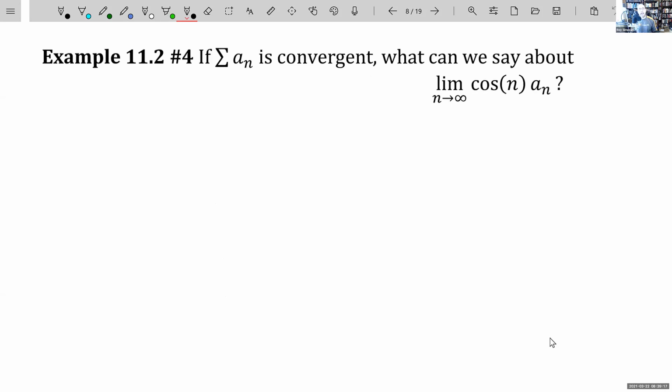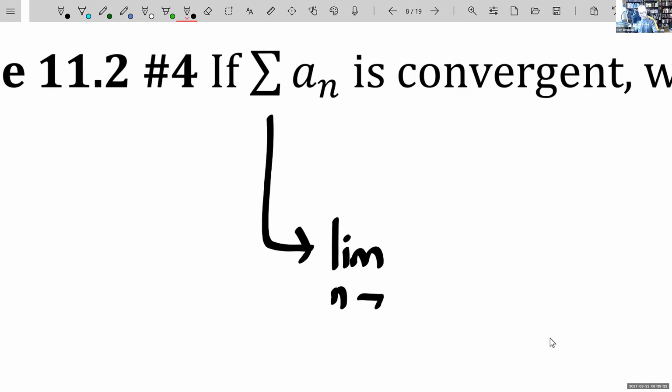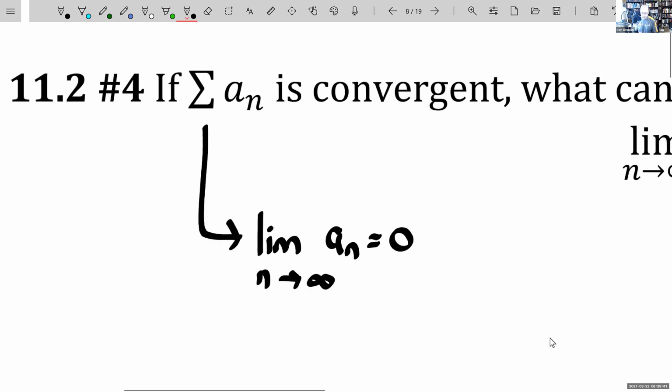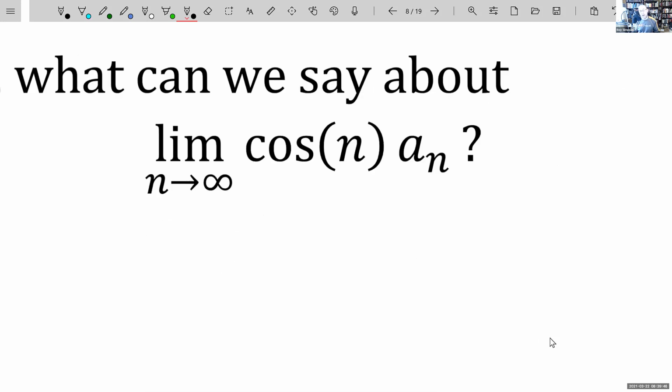So, for example, let's suppose that we have a convergent series. Right then and there, I can immediately say that if the summation of a sub n converges, that should imply, by our previous theorem, that the limit as n goes to infinity of a sub n must be 0. Now let's see what we can say about the limit as n goes to infinity of cosine of n times a sub n.